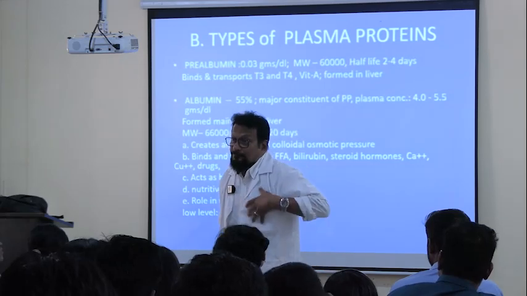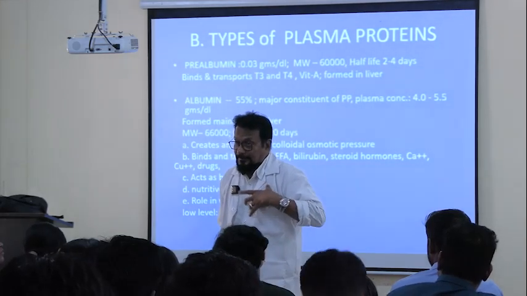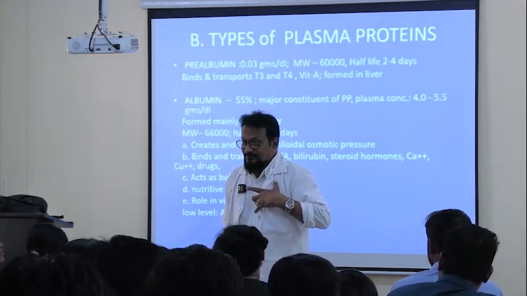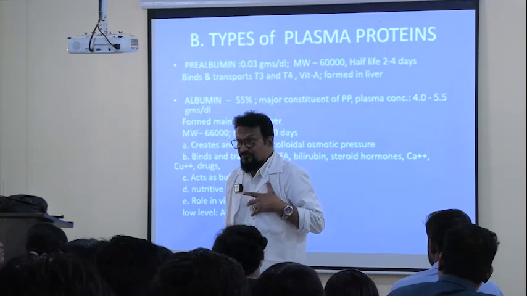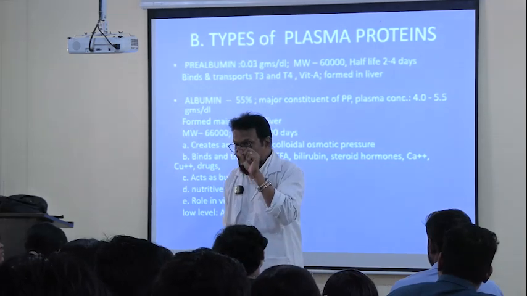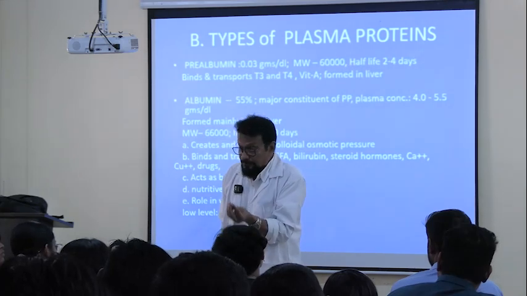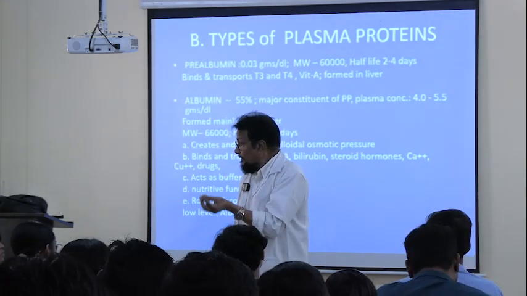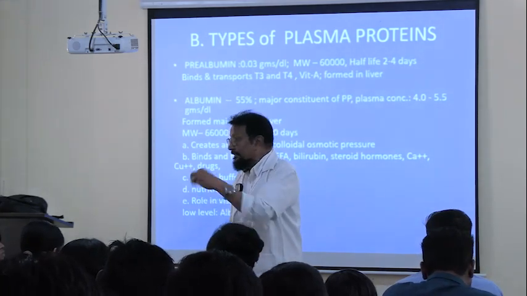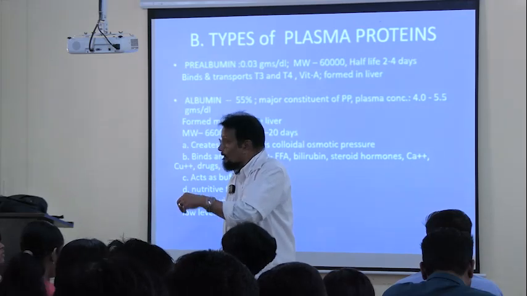Some enzymes may come from damage of the cardiac muscle. When there is infarction, these cells are damaged, so these enzymes from the cardiac cells will be released into the blood.